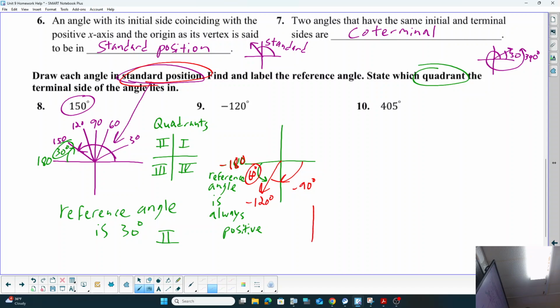What if we did have something crazy, like 315 degrees? So 315 degrees would be all the way to there. If this is 360, then we're looking at that difference again. This is just a side note. So if it goes all the way to there, what's our reference angle? Again, it is the small angle to the x-axis.